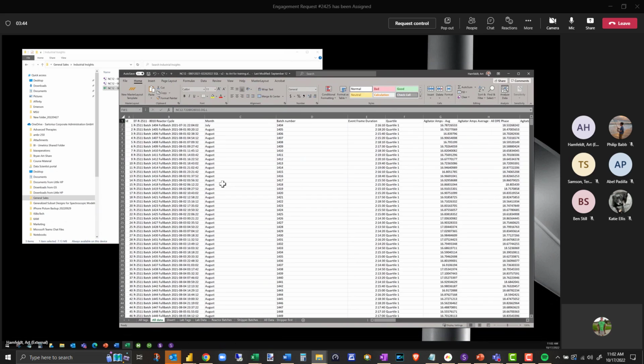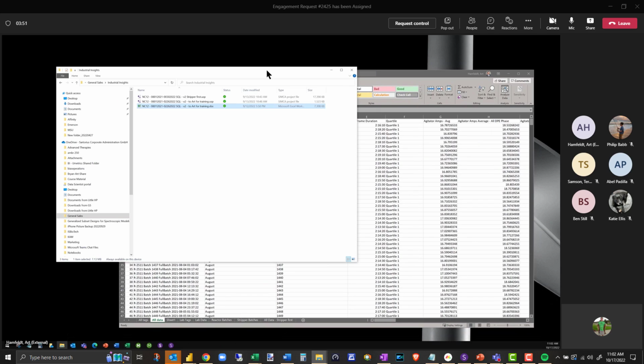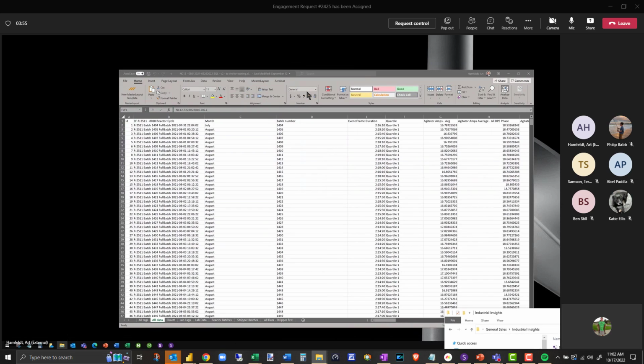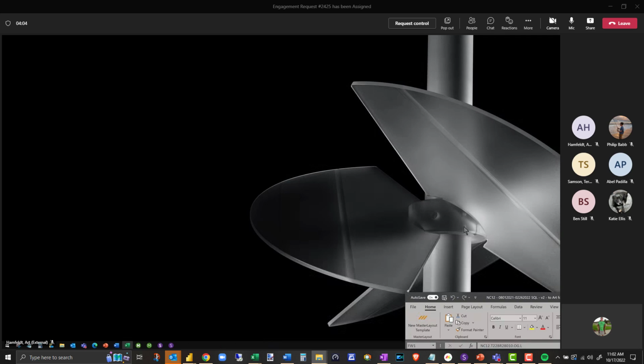Yeah, so let's talk a little bit about it. The problem statement on this one was the Albemarle Magnolia site was struggling with some batch processes.